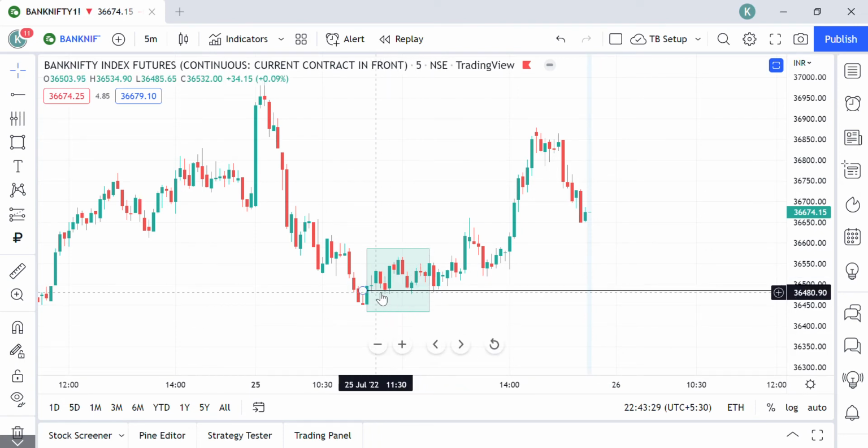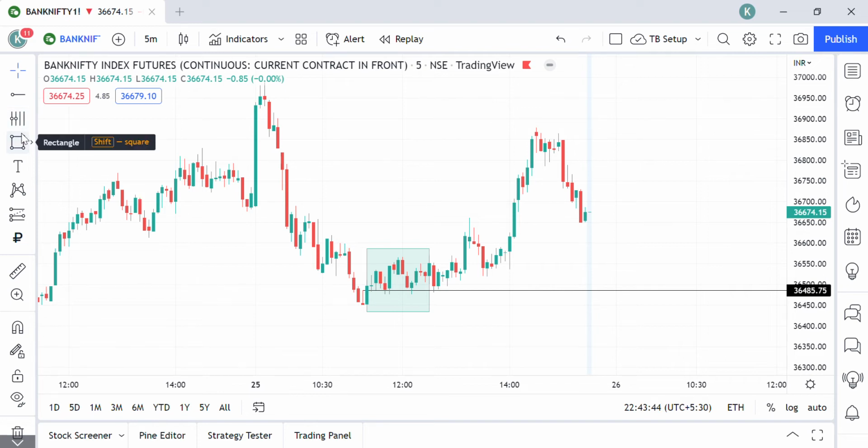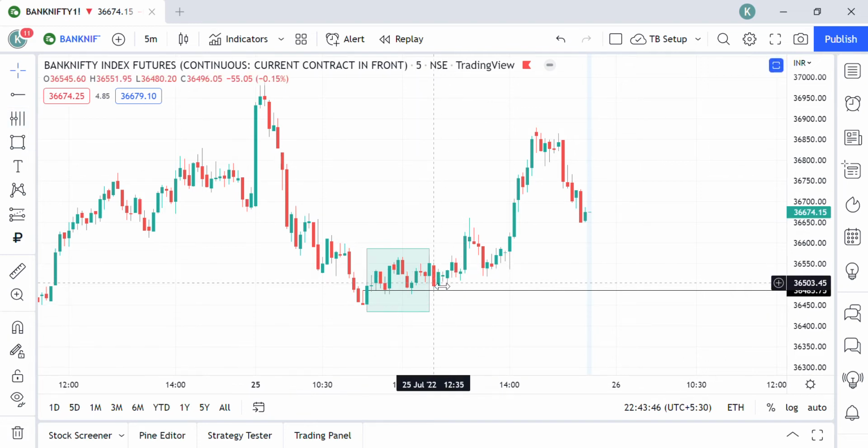Whenever this inward frequency is tested, the price is either creating a fractal bar or an inside bar. The key point where we have to identify this momentum to kickstart is at this level, where price created an inside and outside candle.